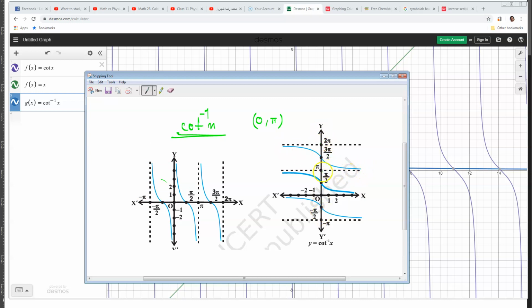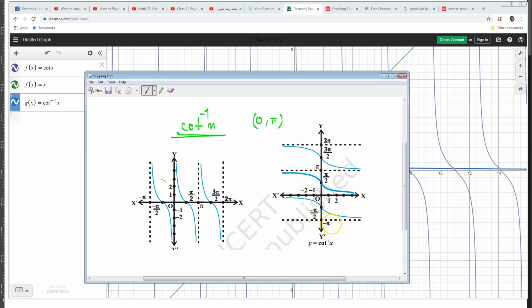As you can see, the range of the function goes either from pi to 2 pi, or negative pi to 0, and so on and so forth, right?